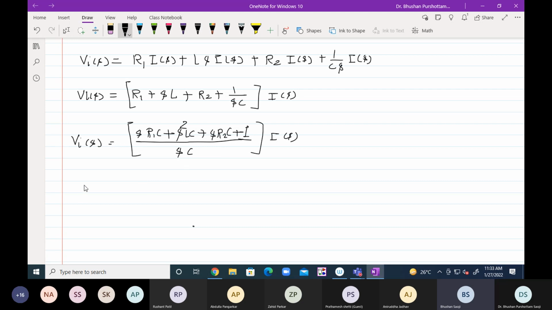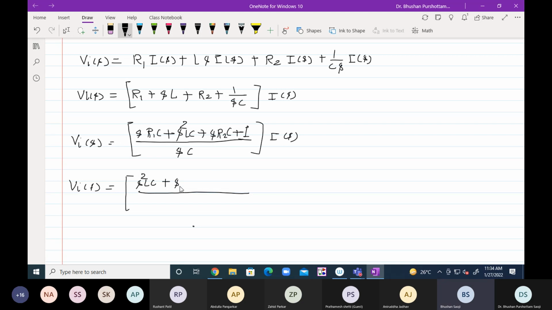So we can write Vi of S equals, we will take S square LC, that is the highest power. So here we have S square LC first, plus S into R1C plus S into R2C.